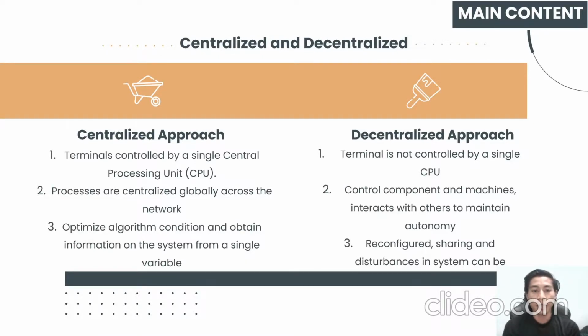For the next slide, I'm going to present about the centralized and decentralized approach and which one is better applied to Company Z. Considering between centralized and decentralized systems, the best suited system for Company Z will be the decentralized system. This is because the decentralized system is not controlled by a single CPU.